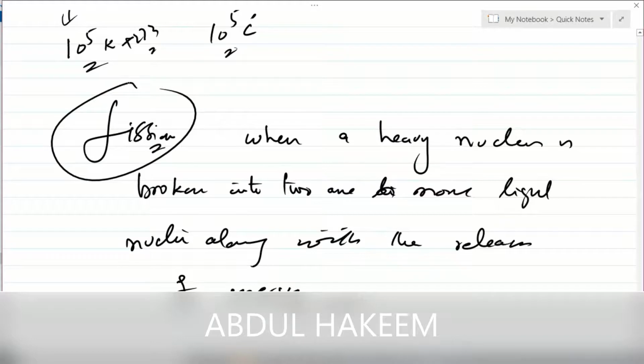So nuclear fission is actually the splitting of the heavy nucleus into two lighter nuclei of approximately the same mass.